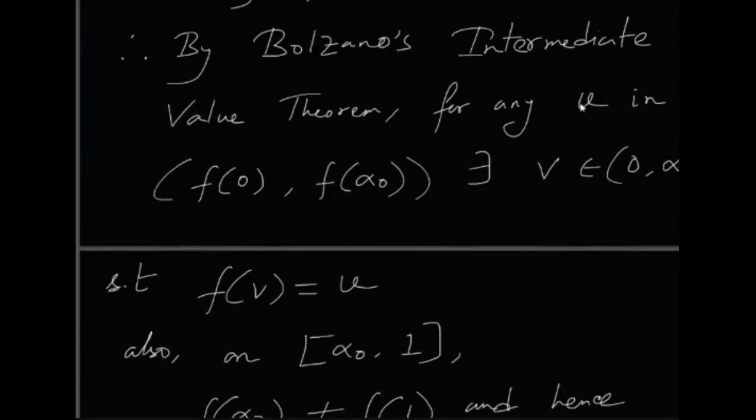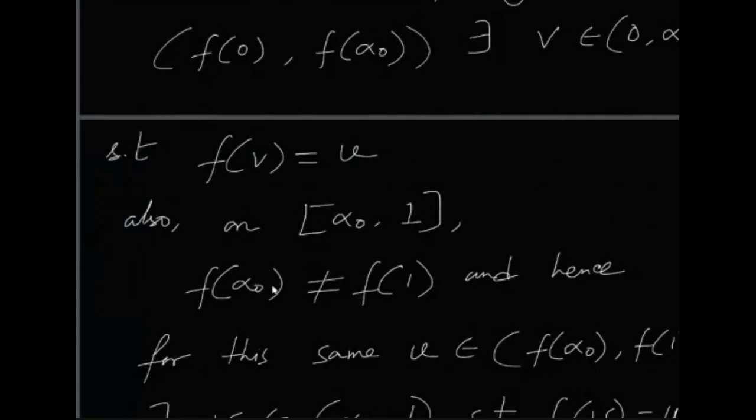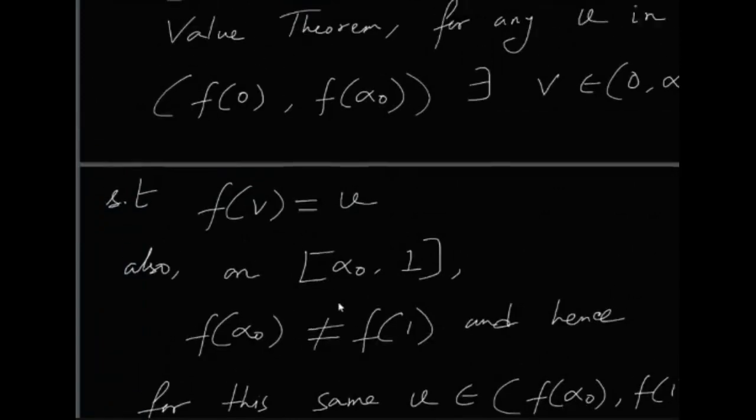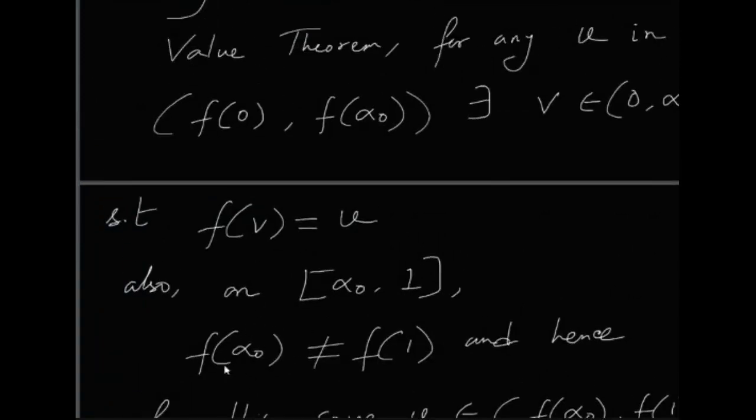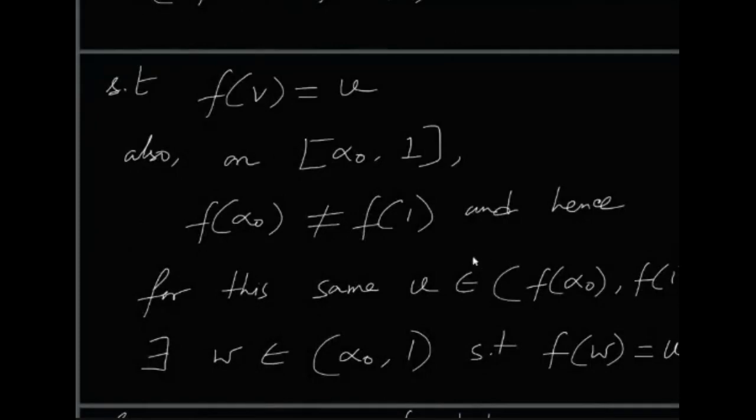Also, for the same real number u, consider the interval alpha naught comma 1. Again, f of alpha naught is k and f of 1 is c, so they are distinct. For this same u, between f of alpha naught and f of 1, we get some number w in alpha naught comma 1 such that f of w is u.